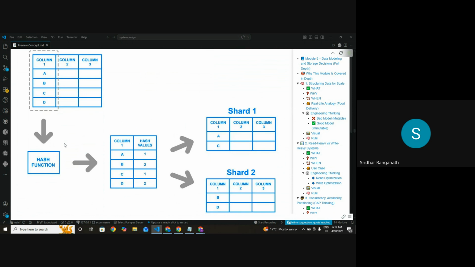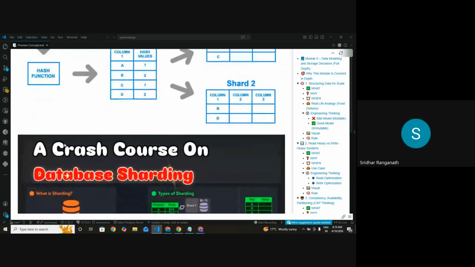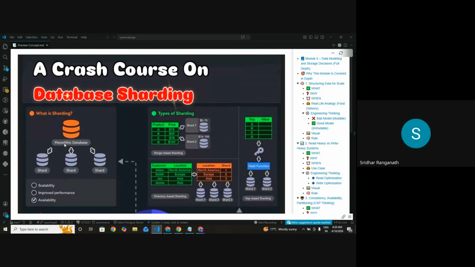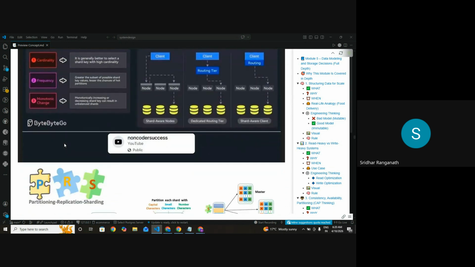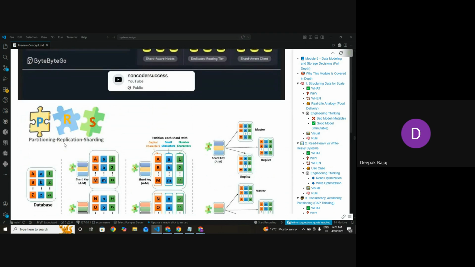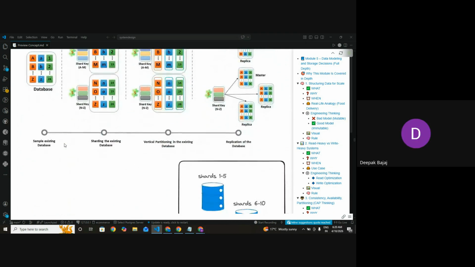Shard key, hash function, so shard 1, shard 2. Data sharding, partition and sharding. There are a lot of things out there.